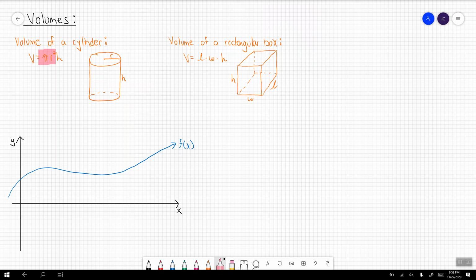Now, if you focus on the volume of the rectangular box, we have the length times the width. Well, length times width, you can interpret that as base times height, where this will then interpret the area of a rectangular piece, whereas the area of a circle will be pi r squared.